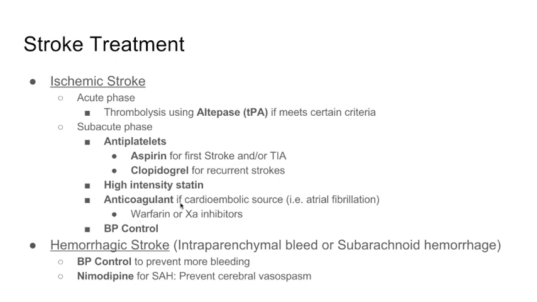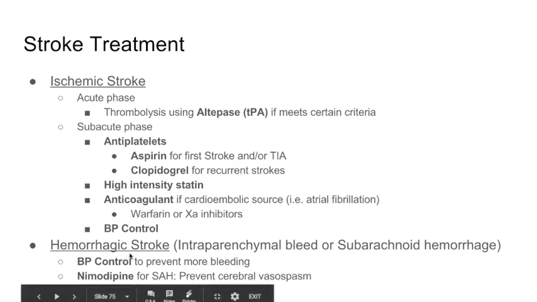This is the part that confuses students. If the stroke is from a low pressure circuit like the left atrium, then you can give them an anticoagulant. If the stroke is a thrombotic stroke, we give them antiplatelets. Okay, hope that makes sense to you guys.